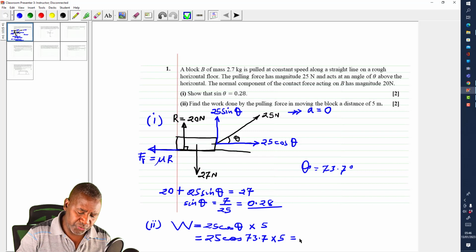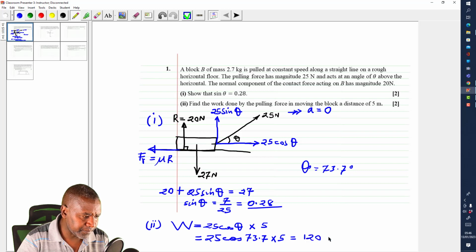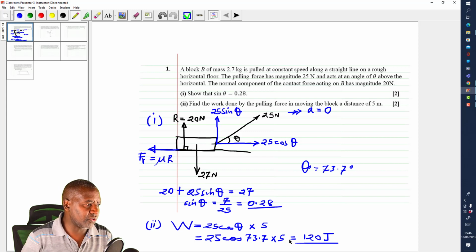Or I can do cos of the answer when it has all those significant figures, and then I multiply that by 25 and by 5, and I'm going to get 120 joules, an exact value, 120 joules. And that is how we would work out question number 1.